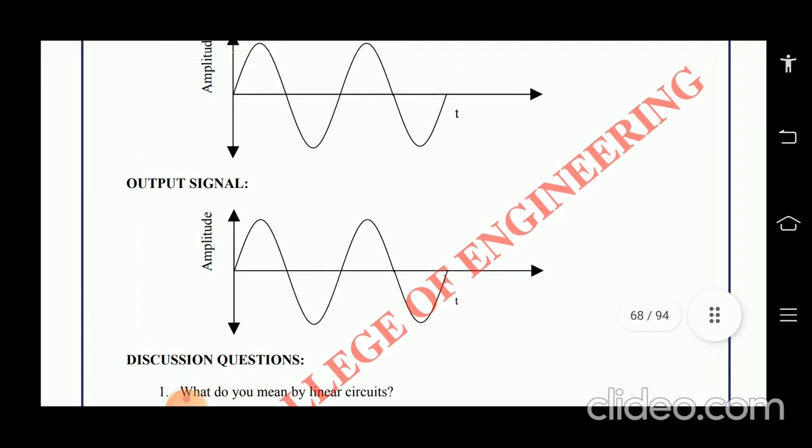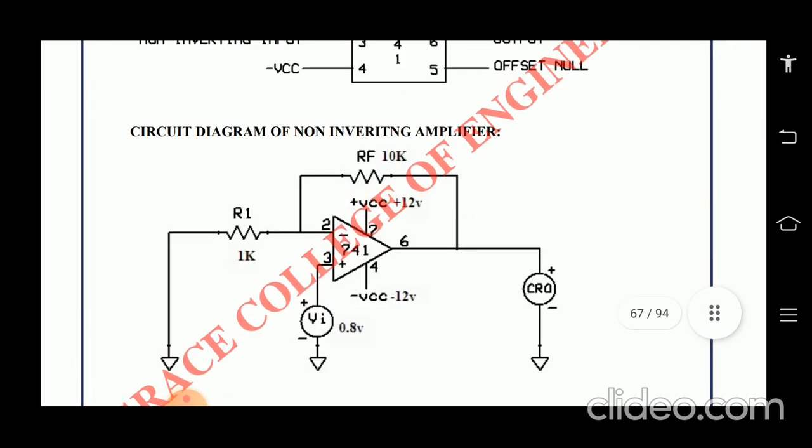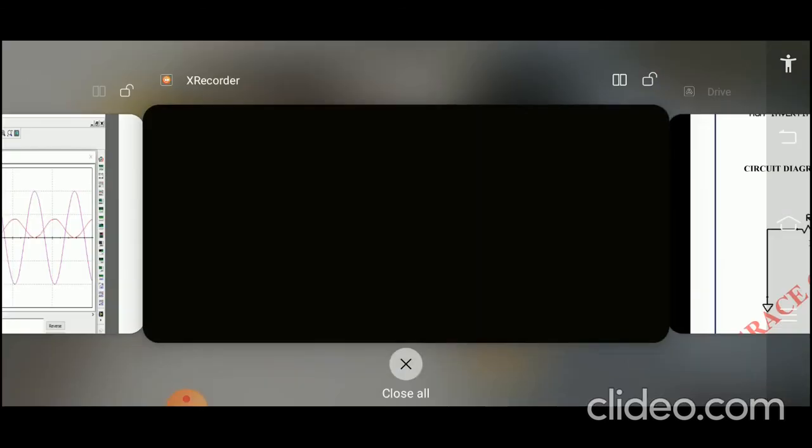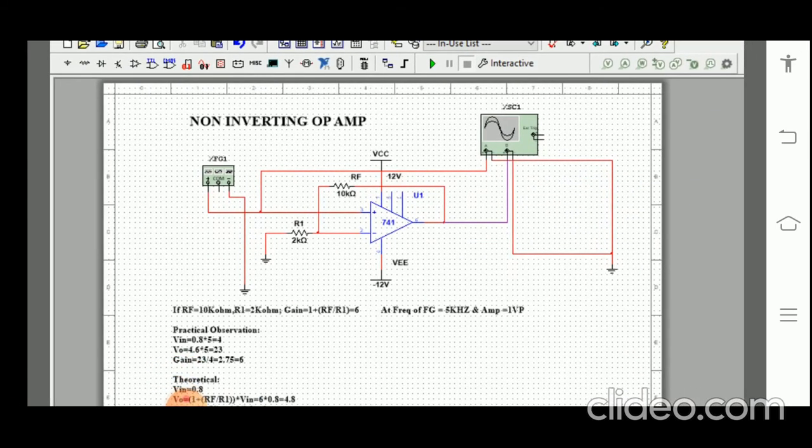In order to do this, we need to construct all the components in our IC trainer kit with the help of the 741 IC. But in order to get the concept, I am going to the Multisim software. Here I construct the circuit diagram as in the manual.